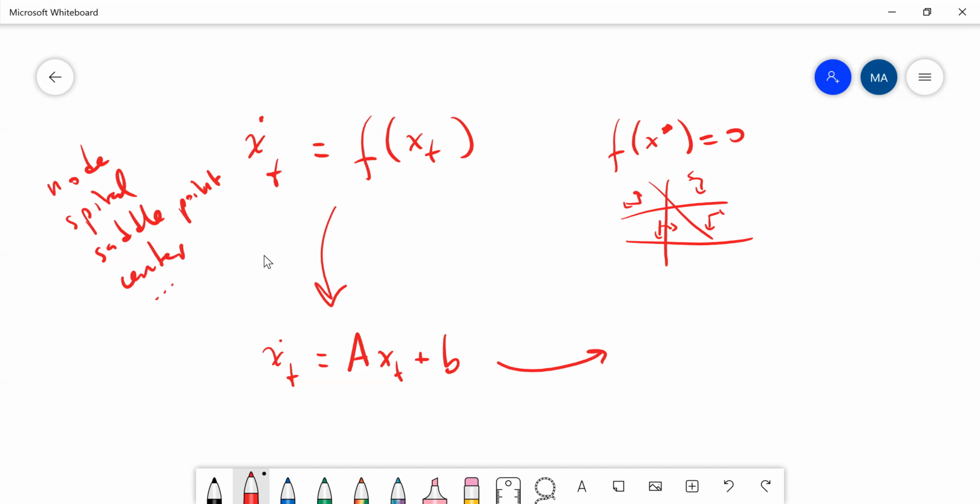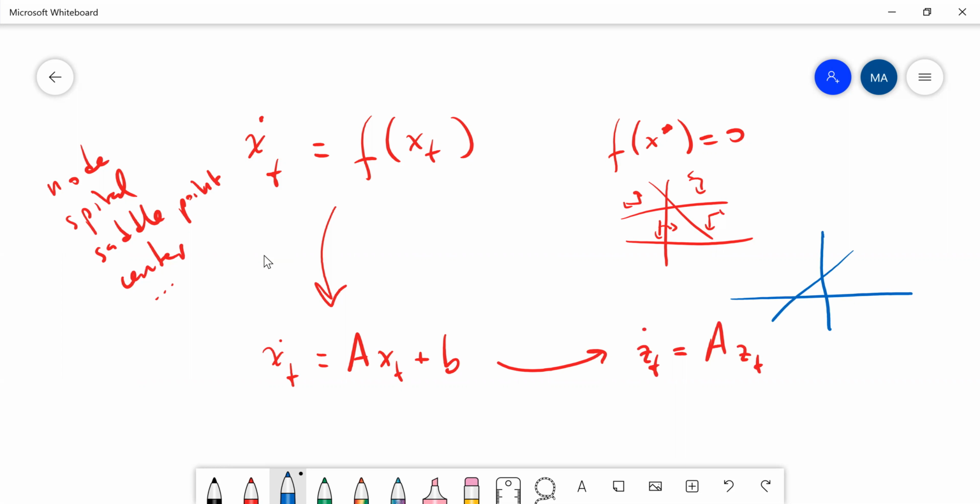Then, with a linearized model, you can actually normalize it. Normalization means I basically move the system to make the origin the steady state. So you can do stuff like this.